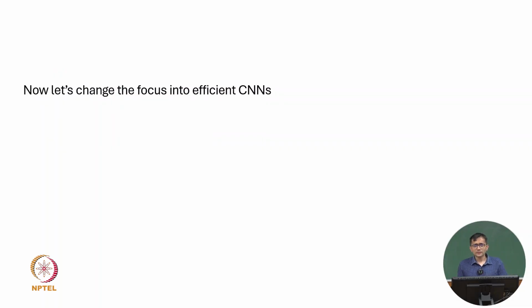Now let us change the focus a bit and talk about efficient CNNs. We will specifically talk about one particular architecture at this point, and then we will move ahead and stop talking about architectures for a while.